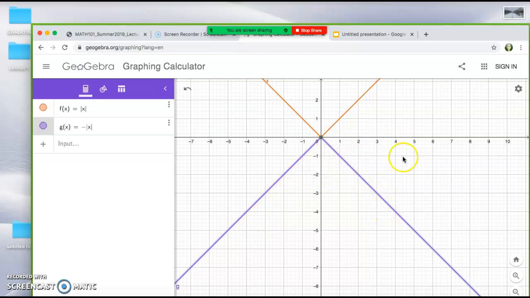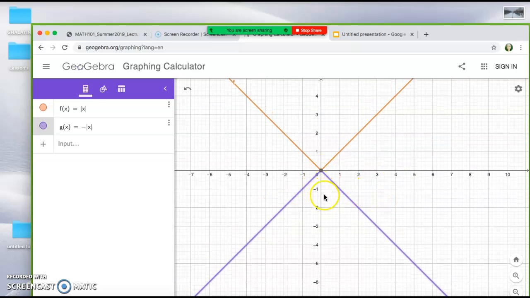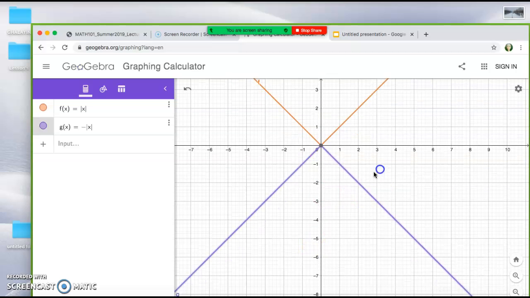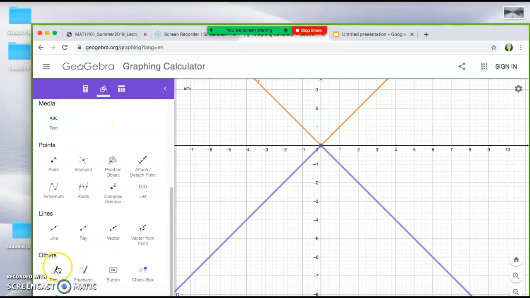The purple graph represents the negative absolute value of x. And you see how all we did was reflect over the x-axis. That's because we multiplied by a negative on the outside.